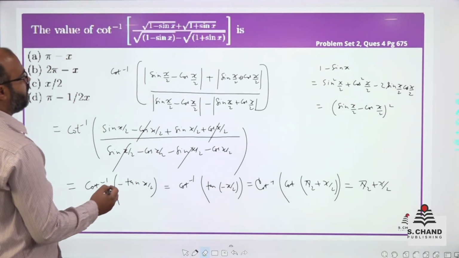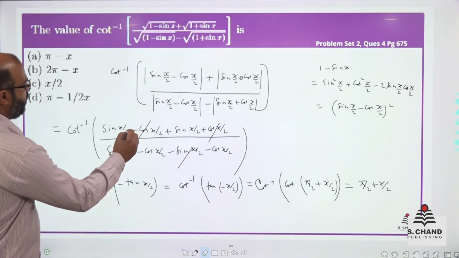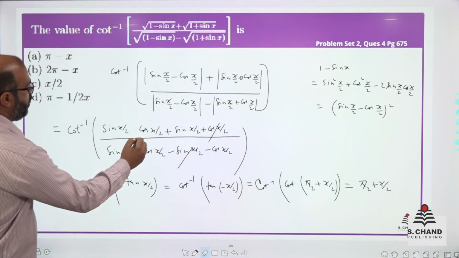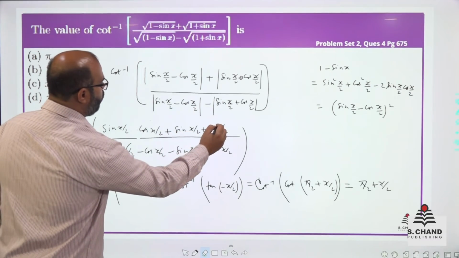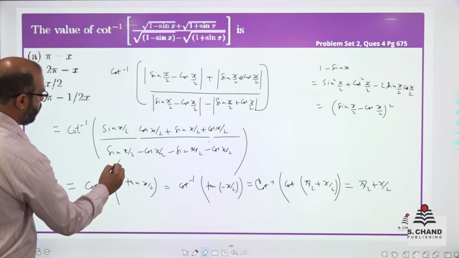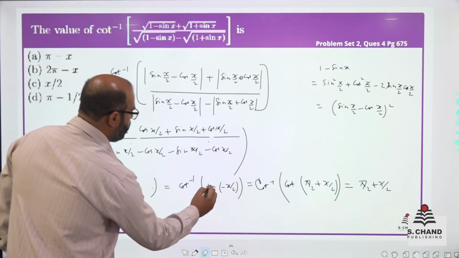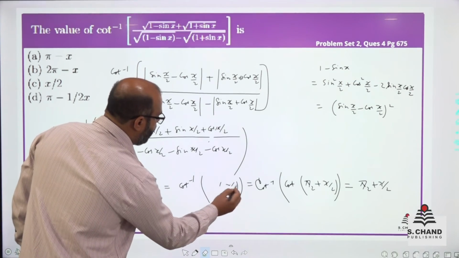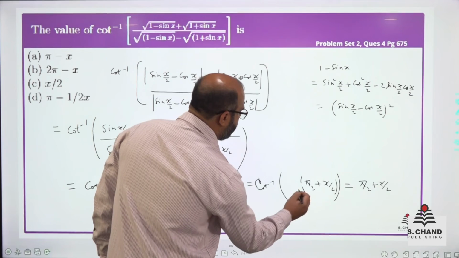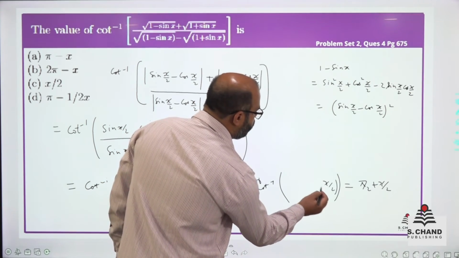Another method is that the value inside the mod is negative. In that situation, what will happen? Let me do it for you from here. Let us first erase all this, because we haven't got the answer. If the answer would have come from here, we would have proceeded in a similar manner and would not have gone into another option, to save time.